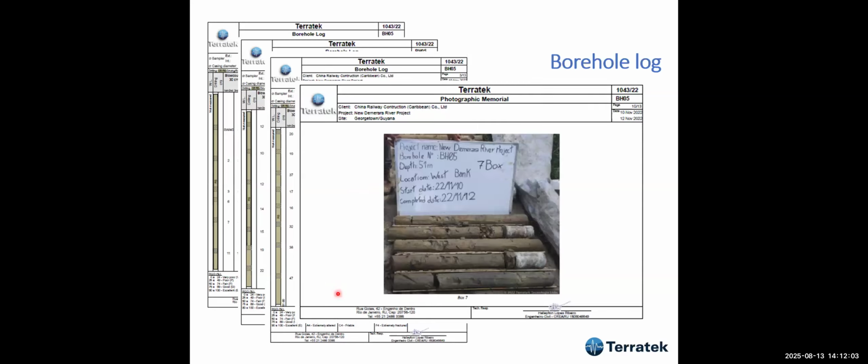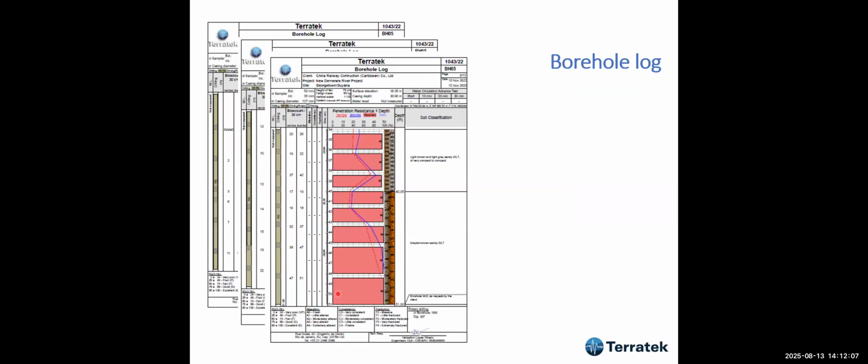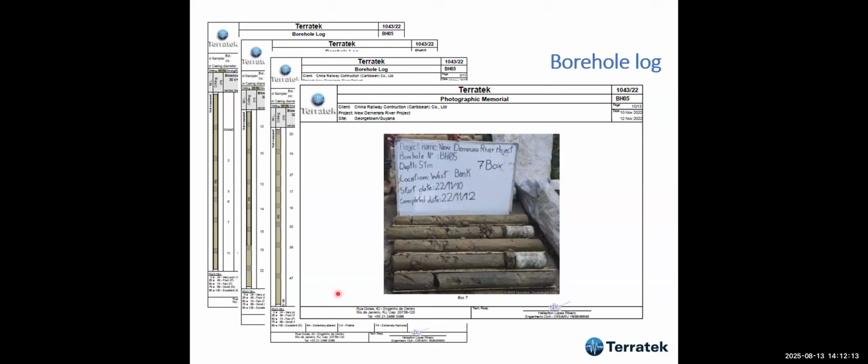Okay, and then when it reaches refusal, we have to use rotary drilling to go beyond that. And these are the samples that we get. Now it's a different type of sampler, not SPT anymore, because you're using rotary drilling.